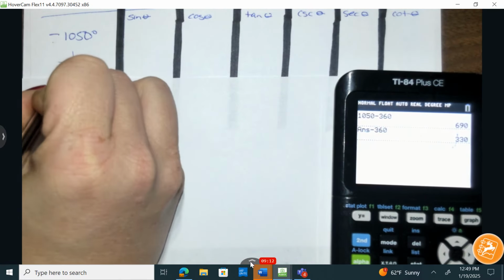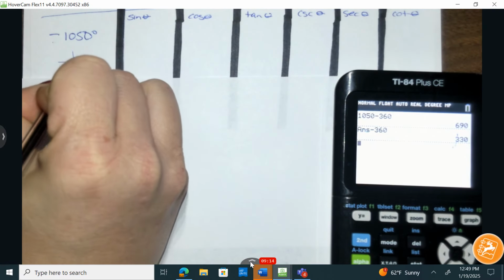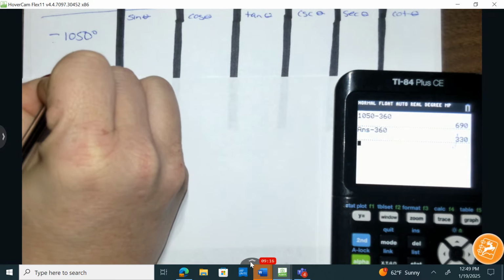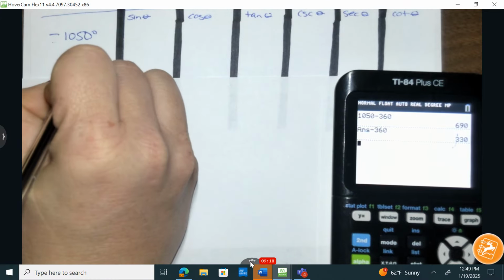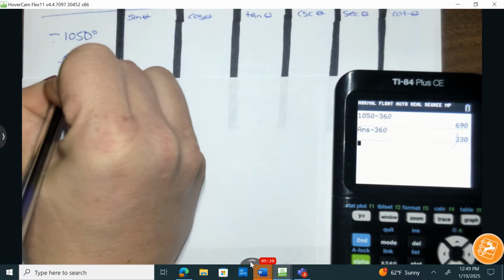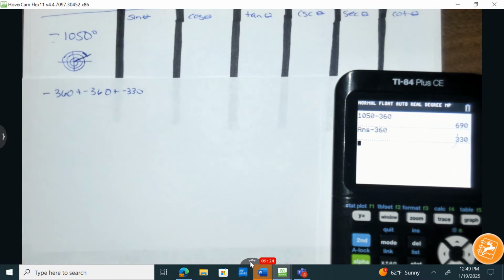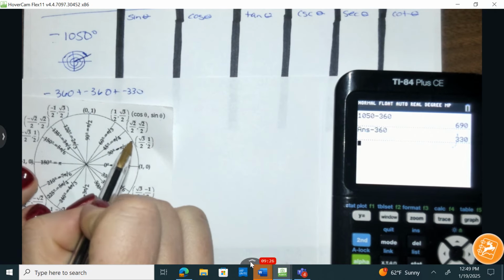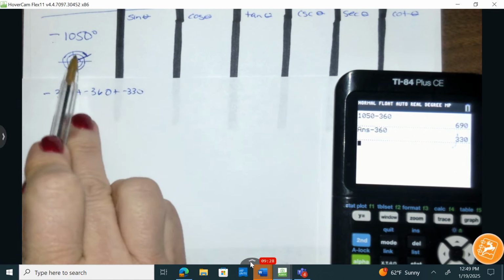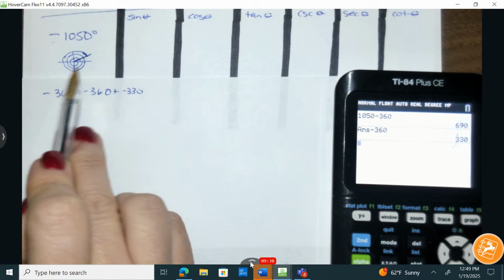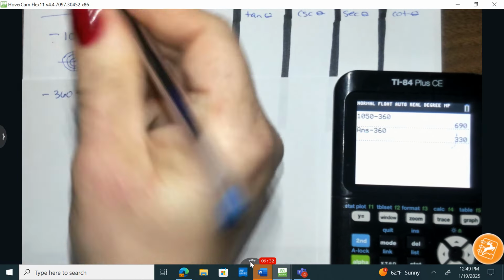Okay, here we go. Negatives, I'm going to reverse it. There's 1 revolution, 360. There's another 360, and now we're going to land right here at negative 330. That's the same location as 30 degrees. So it lands in quadrant 1. All Star Trig Class tells me that all things are positive.